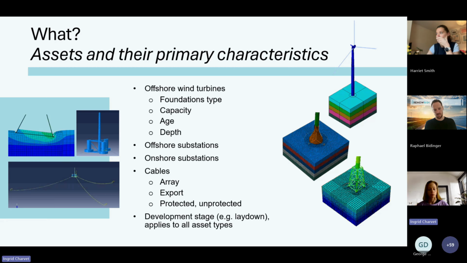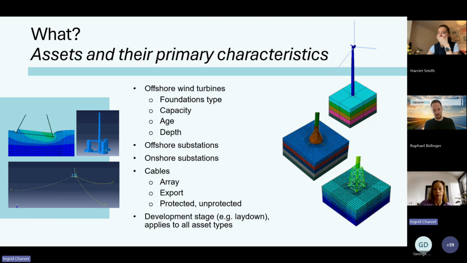And for each of these assets, we consider the damageability in the form of their primary characteristics, so their key damage drivers. For example, for a wind turbine, the age, the capacity, the foundation type, and the depth at which it sits will change its vulnerability.